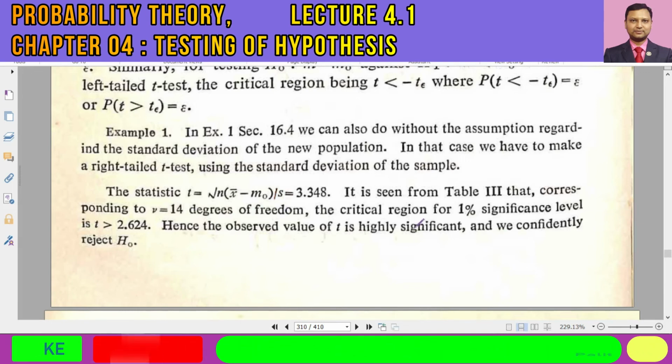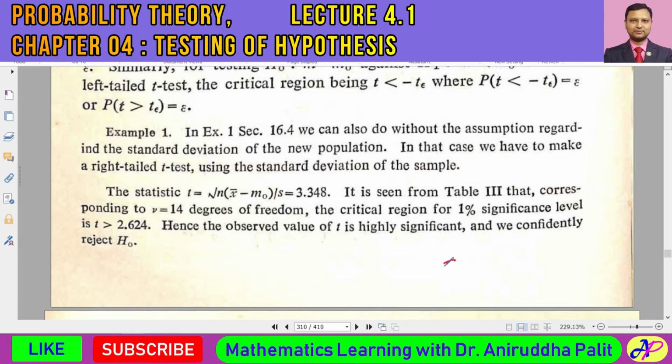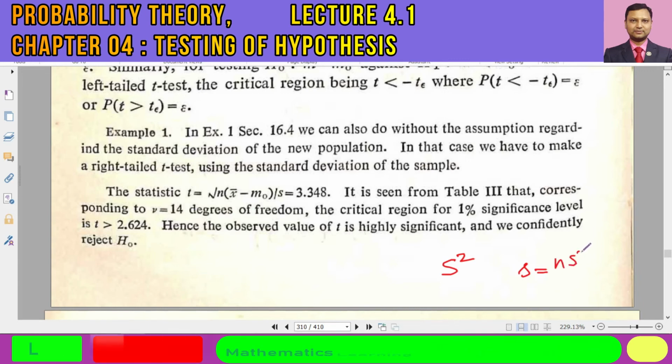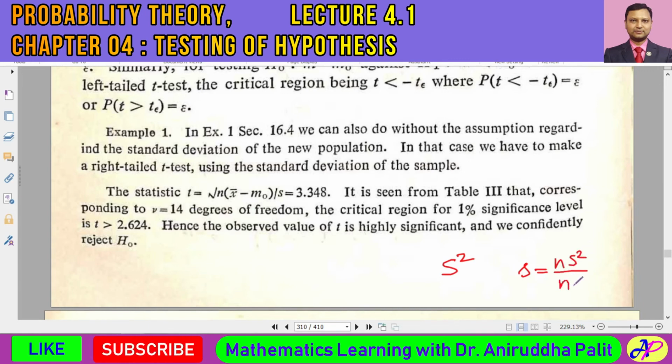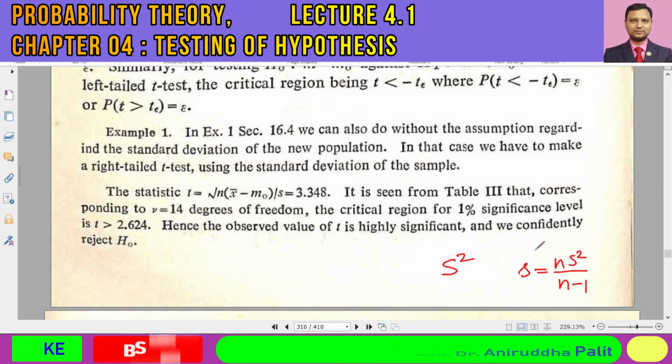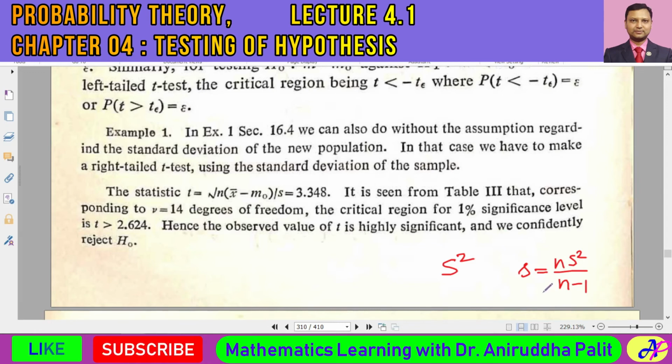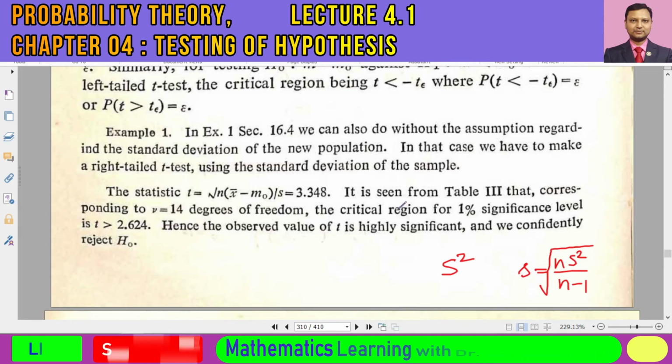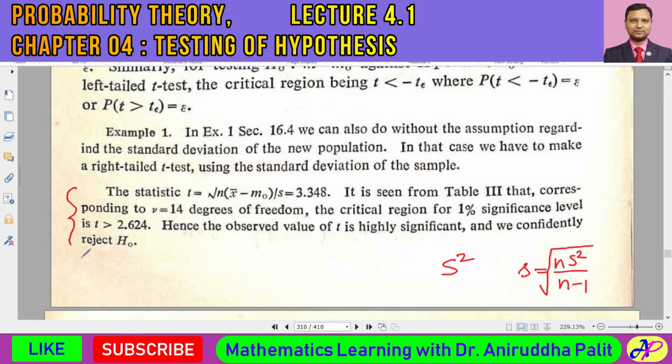Anyway, if the value of s square is provided in the question, then from that expression of s square, you can compute small s, n s square divided by n minus 1. n is equal to 15 over here. Anyway, I am supposing that this information is somehow missing due to some printing mistake in this book.